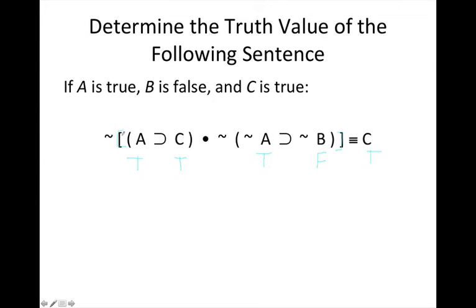So we don't have to do any calculating here with C, but we do know that if this triple bar is going to come out to be true, then we need to have this tilde come out true. But let's see what we get. So I'll move right to left because we know that within this parenthetical is not the main sub operator, and within this parenthetical is not the main sub operator.